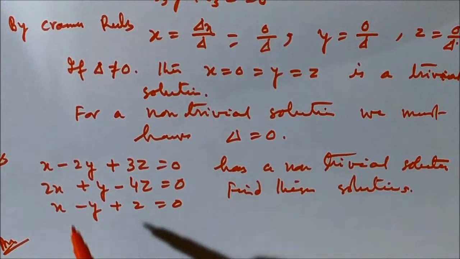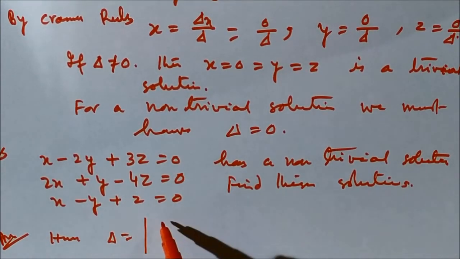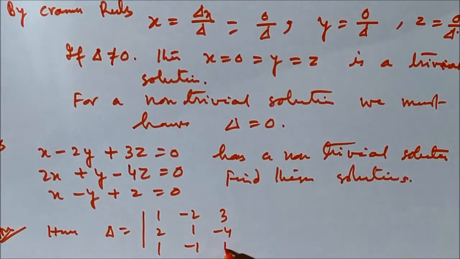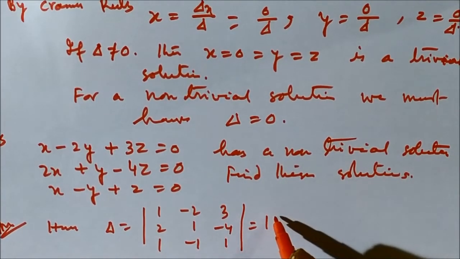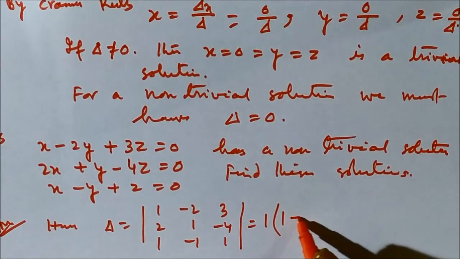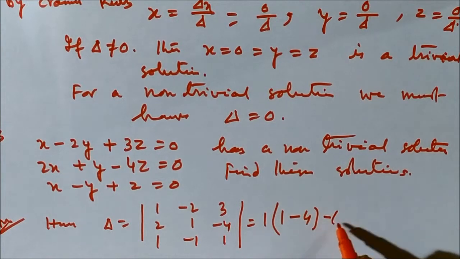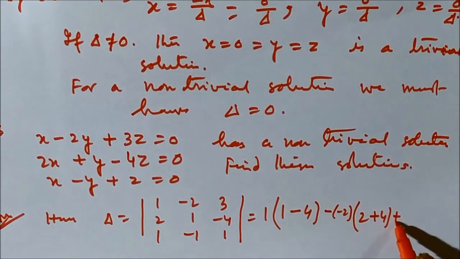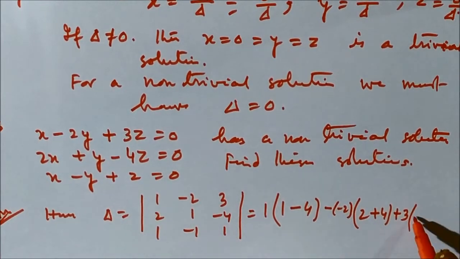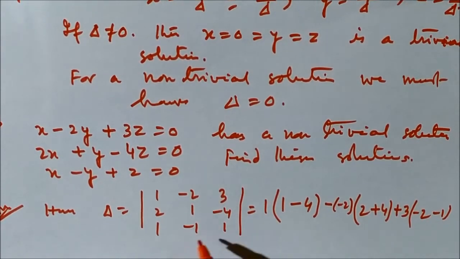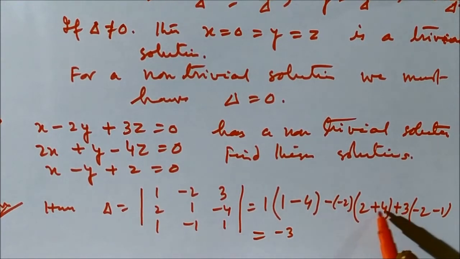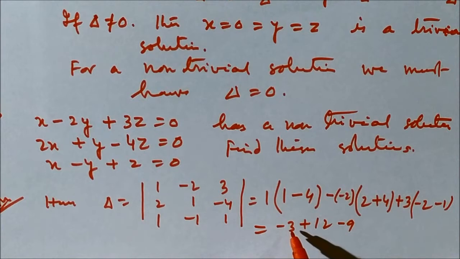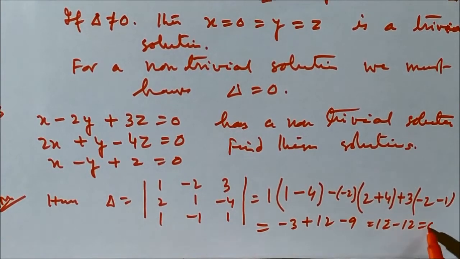Here delta is the determinant of the coefficients of x, y and z: 1, minus 2, 3, 2, 1, minus 4, 1, minus 1, 1. This equals 1 into (1 minus 4) minus (minus 2) into (2 plus 4) plus 3 into (minus 2 minus 1), which equals minus 3 plus 12 minus 9, which is 0.